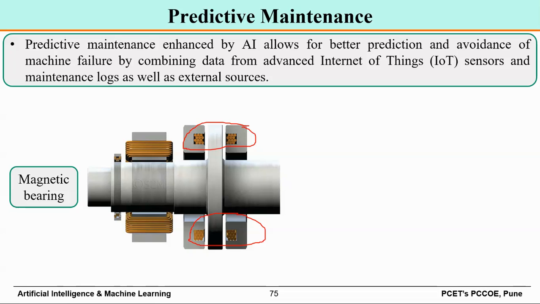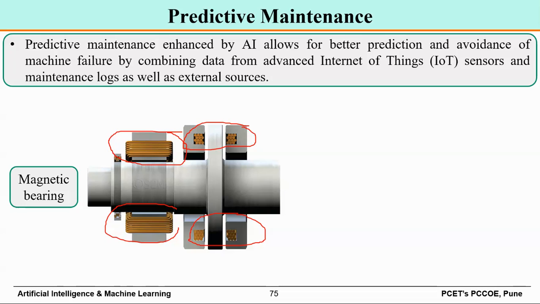Again, when we talk about this shaft, it also moves in the radial direction, either up, down, to, fro, or inclined direction. All radial direction movement is also possible. So, this particular coil will create a magnetic field so that the radial movement, either up, down, to, fro, or inclined direction, will be restricted.